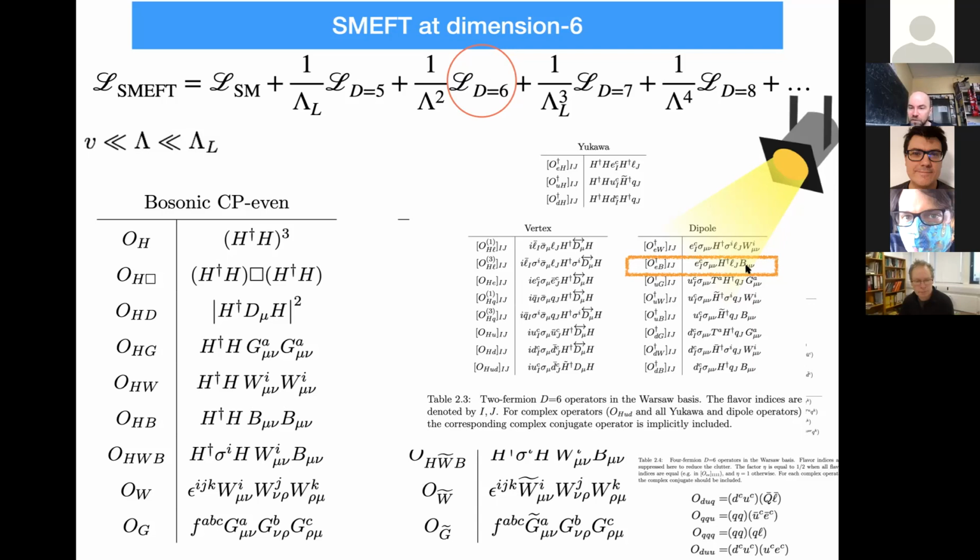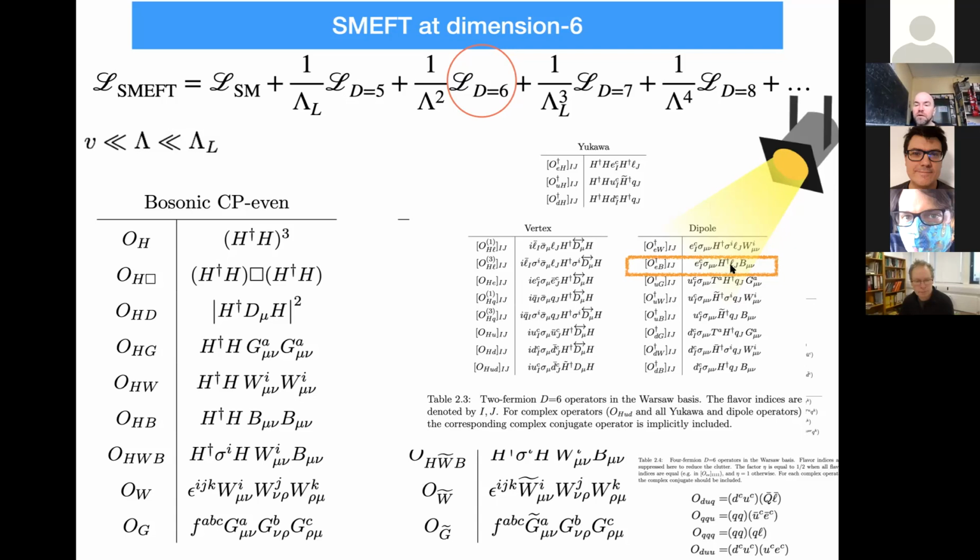The dipole operators are defined such that they have a field strength of one of the standard model gauge fields. Then they will have two fermions with sigma mu nu in between them, and then they will also have a Higgs field. So fermion is 3, Higgs 1, field strength 2, so this is the dimension 6 operator.